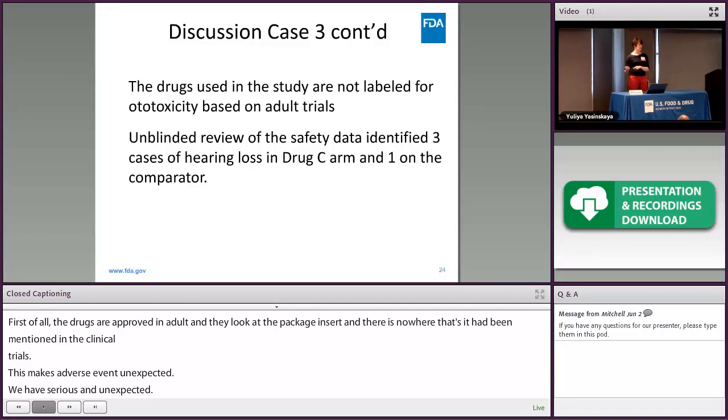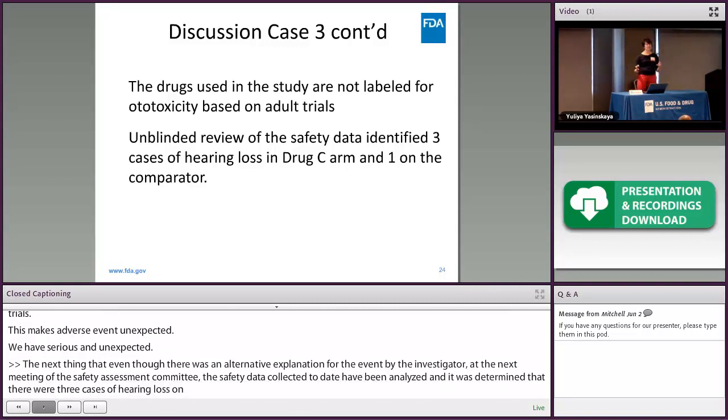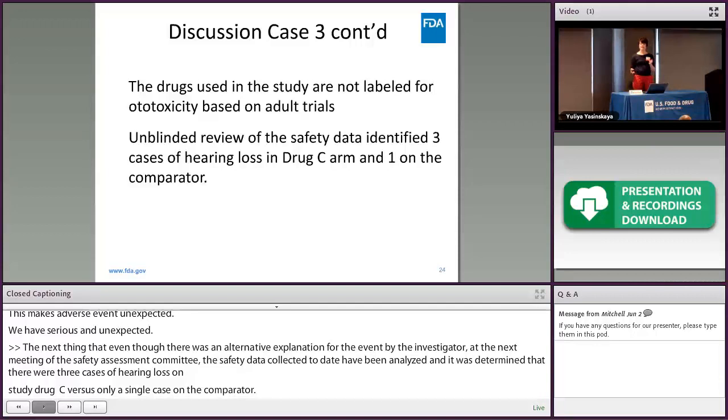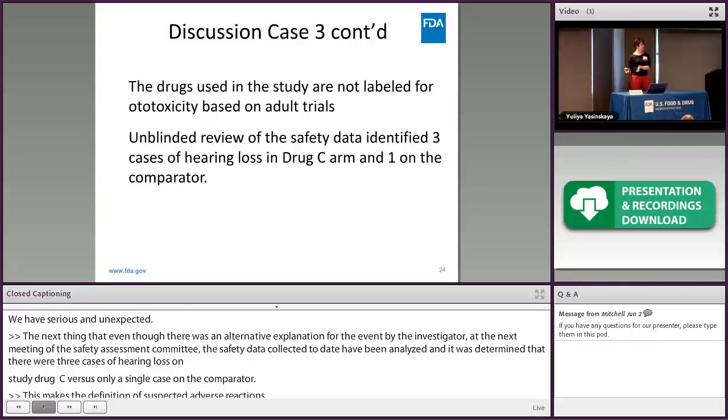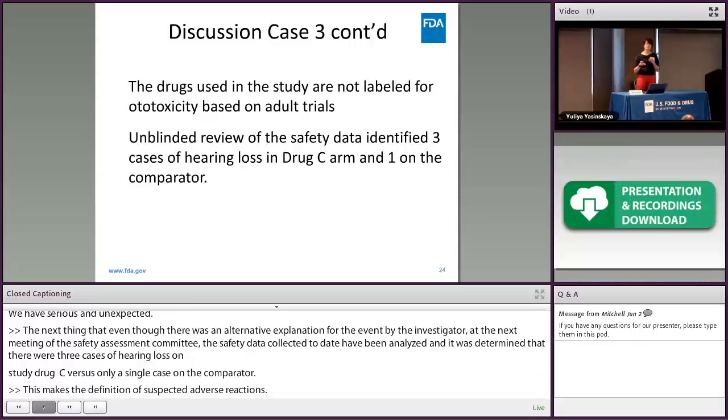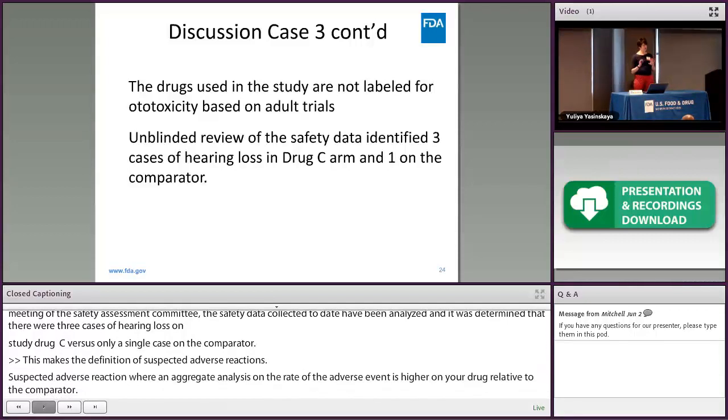So therefore, this meets the definition of a suspected adverse reaction, where in aggregate analysis the rate of the adverse event is higher on your drug relative to comparator. That means there's a reasonable possibility of causality. So therefore, this particular event of moderate hearing loss is a serious, unexpected, suspected adverse reaction.